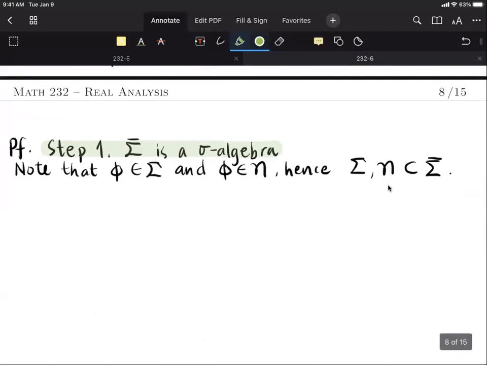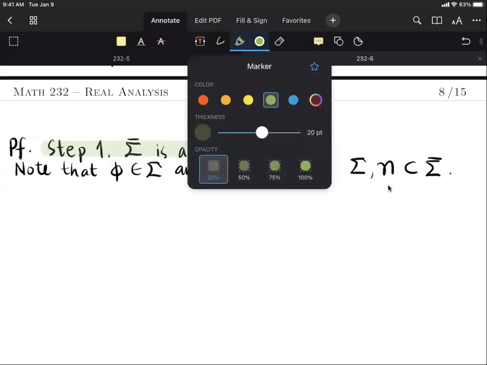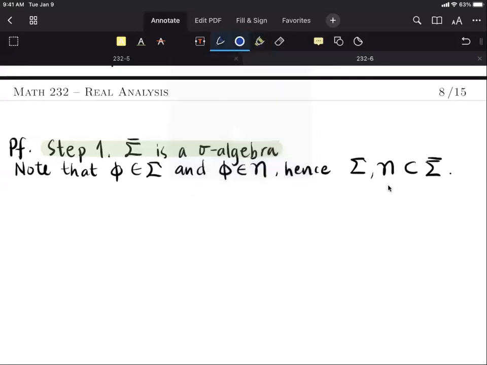So from the definition, sigma bar contains the original sigma algebra, and it contains the set script N. So to show that the empty set is in sigma bar, you just take A and B equal to the empty set.